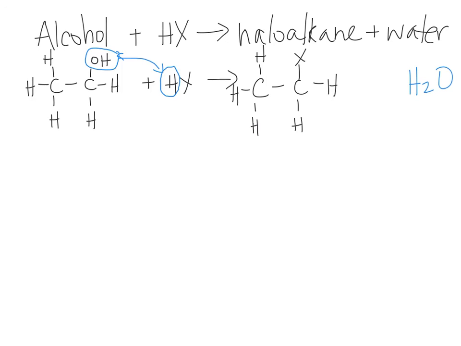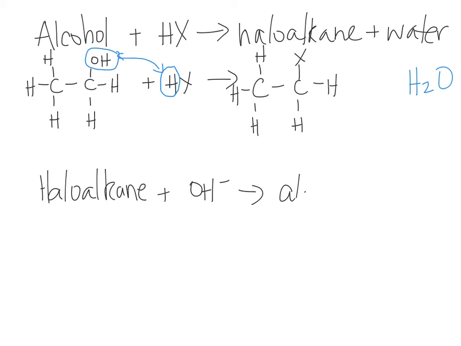We can also reverse this. We can take a haloalkane, add a hydroxide, and this will make an alcohol and a halide ion.